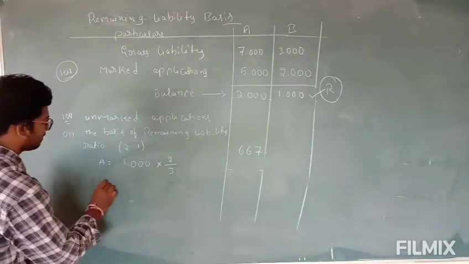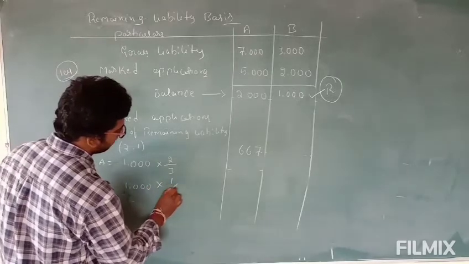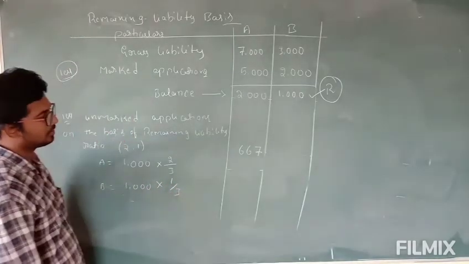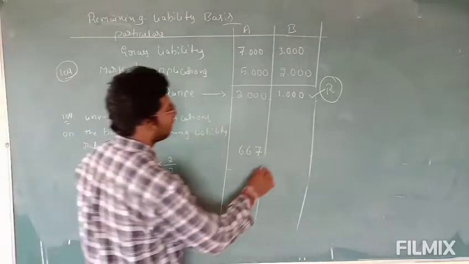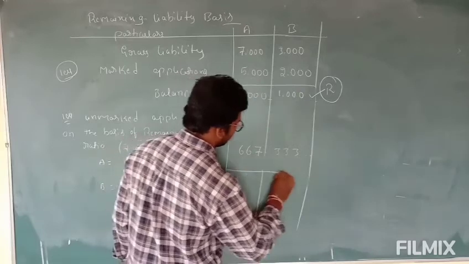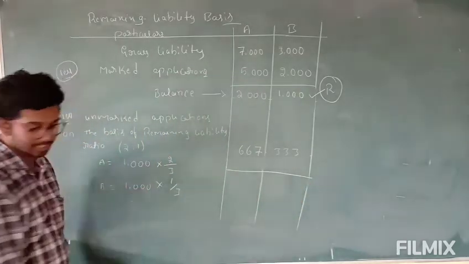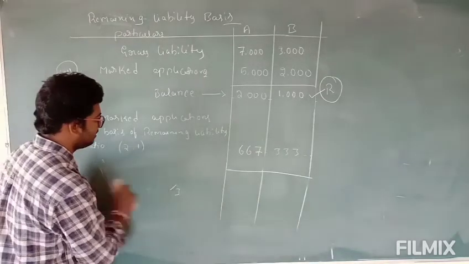Similarly, you can calculate for B. 1,000 into 1 by 3. It's around 333. So deduct it. Calculations are made outside the table.